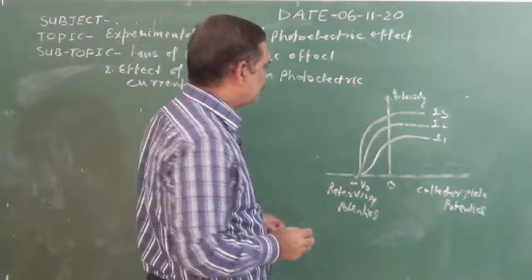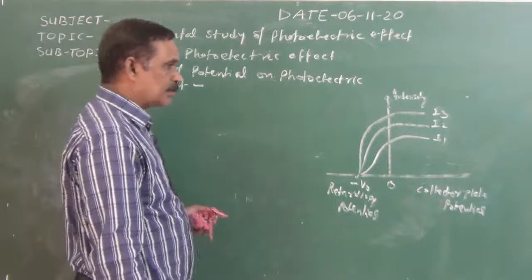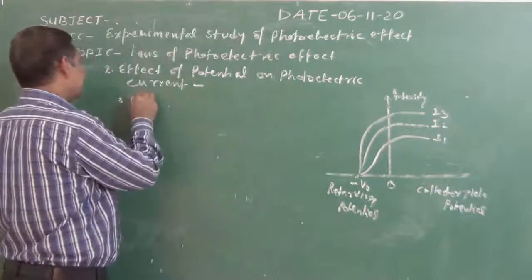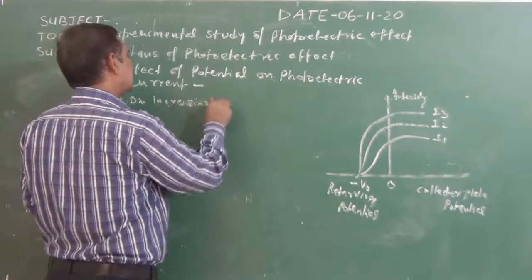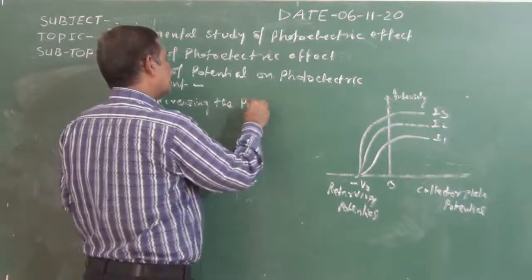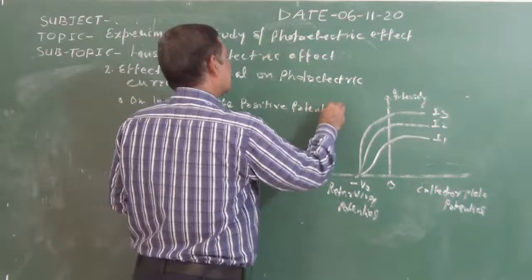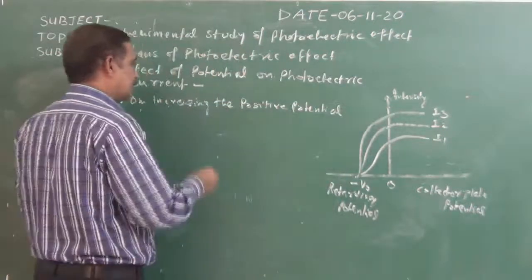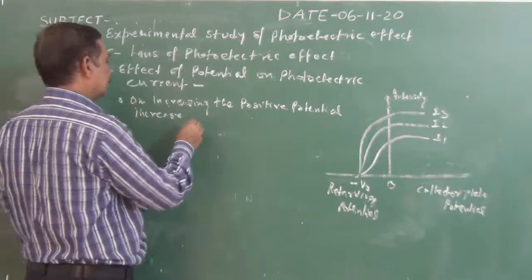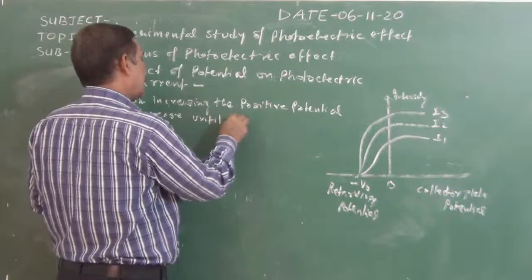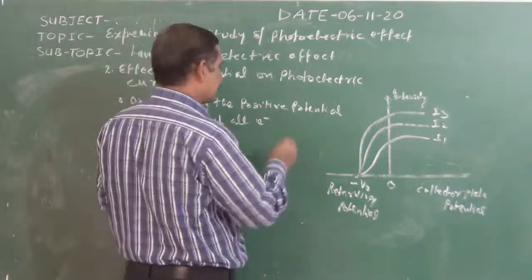From this graph, first point: on increasing the positive potential, the photocurrent increases until all the electrons reach the collector plate.